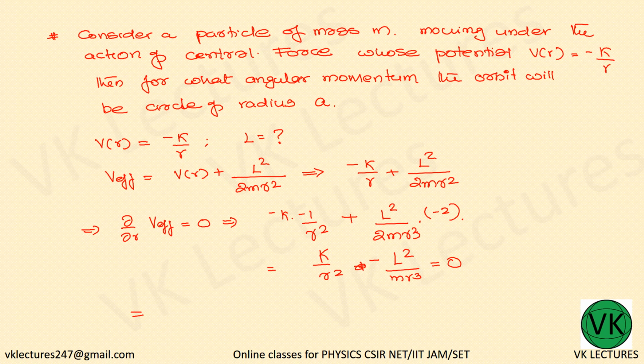This gives us L square equal to m k r. So L is equal to root of m k r. Now the value of L at r equal to a is equal to root of m k a. So this is the angular momentum when the radius r is equal to a.